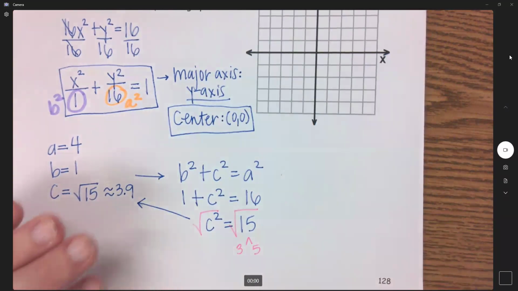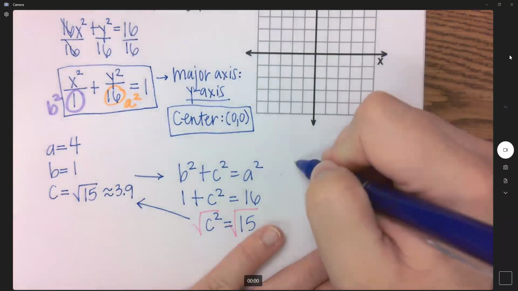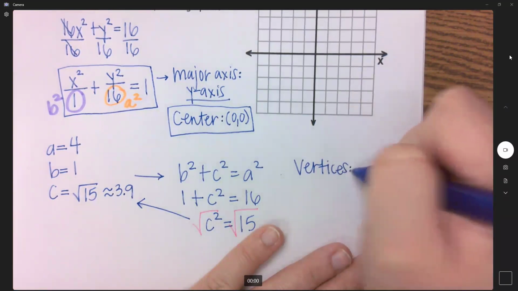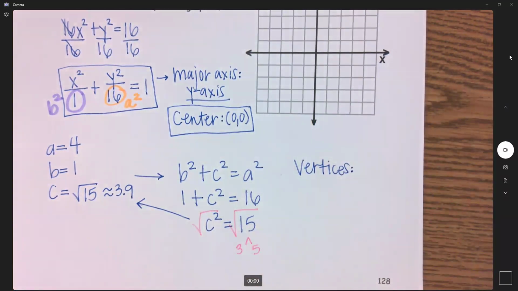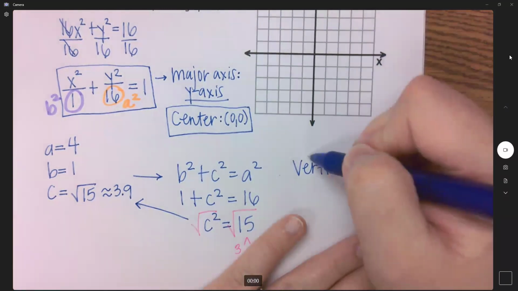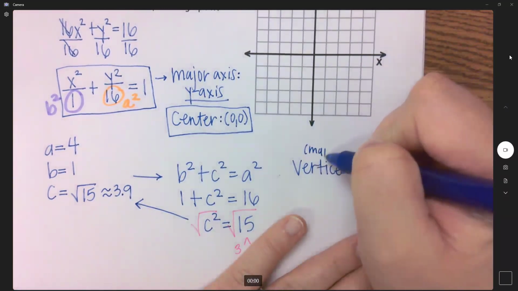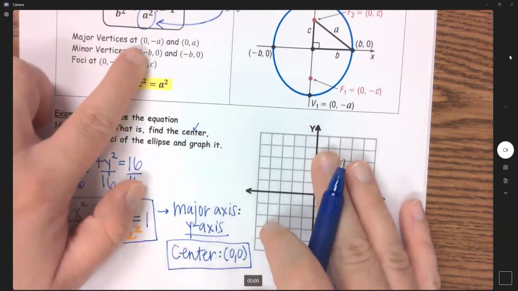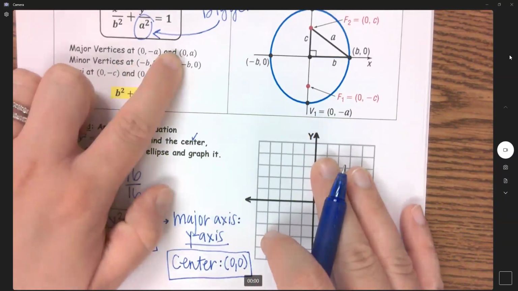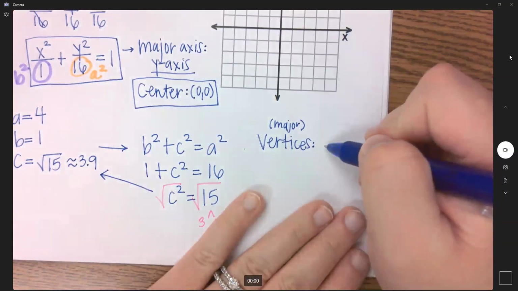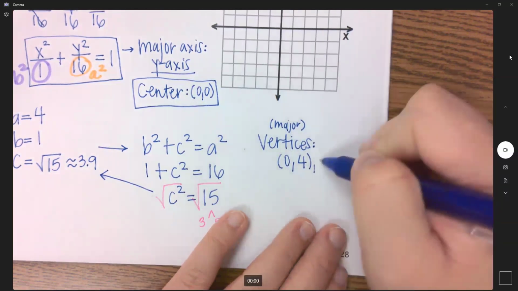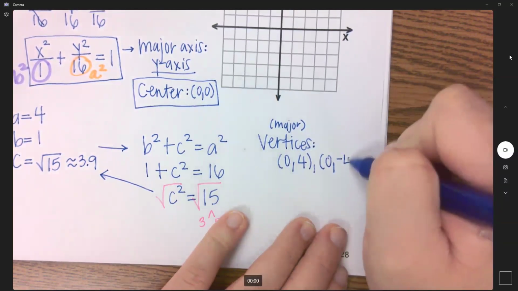Okay, so now we can answer our questions. We need vertices. Okay, and when I hear vertices, I think include all 4, but they are talking only about the major vertices. And my major vertices are at 0, negative a, and 0, a. So 0, 4, and 0, negative 4.